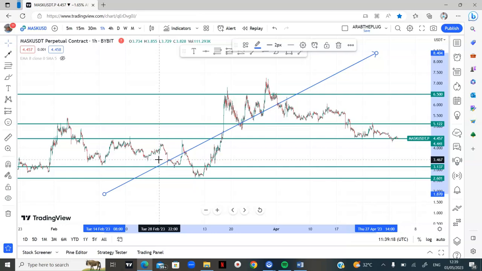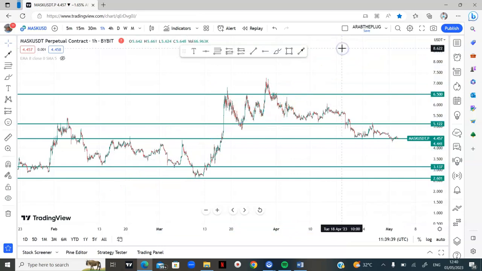So all those areas of value, areas of support and resistance, are areas where price reacts. So whenever a price is going to a support, it means you'll be looking for an opportunity to buy. And whenever a market is approaching a resistance, you'll be looking for an area to sell or to short. That is that about support.